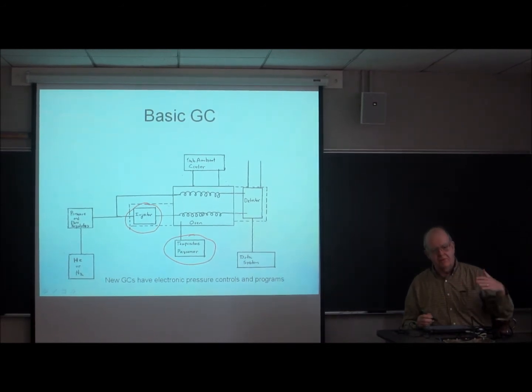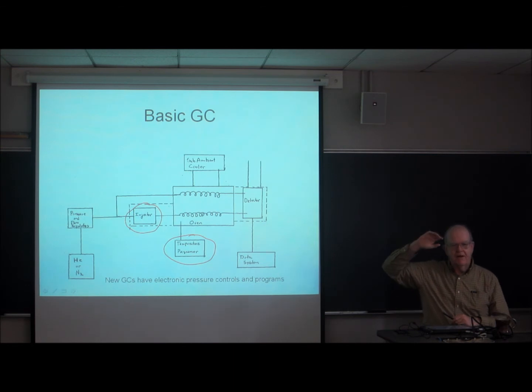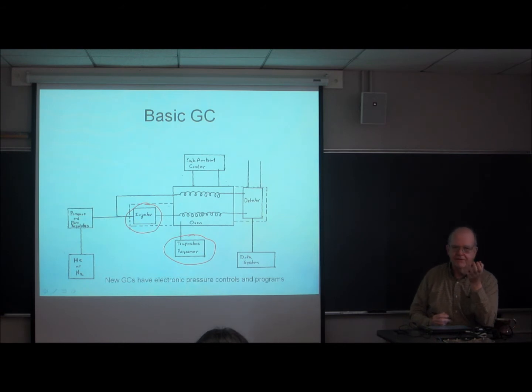Sample goes through the system, through the injector, over to the oven, over to the columns, and out to the detector, carried by carrier gas. And that is very simply supplied by a pressurized tank of that gas. The most common gases are helium and nitrogen.